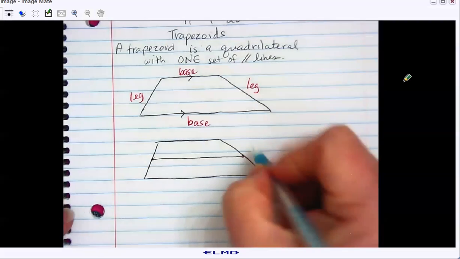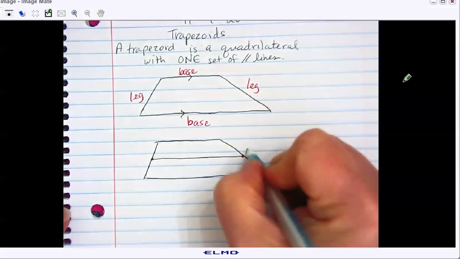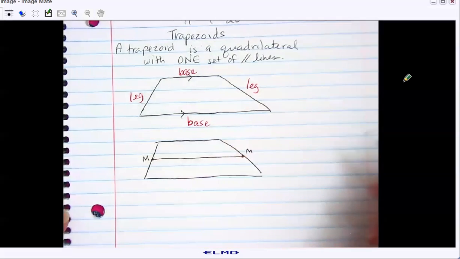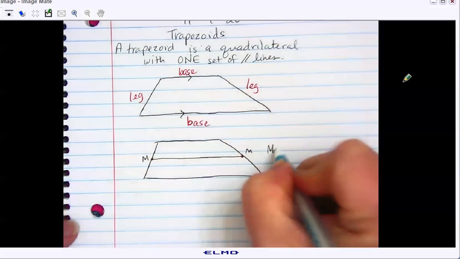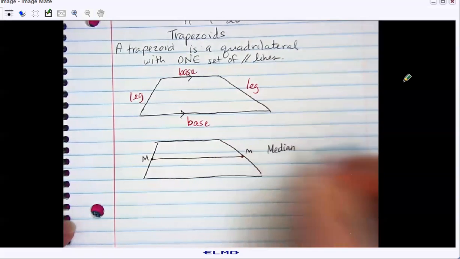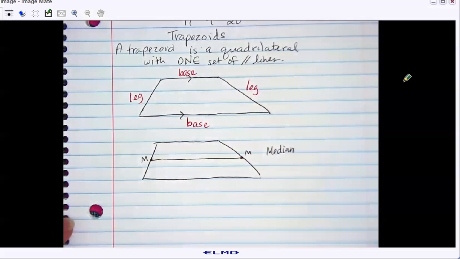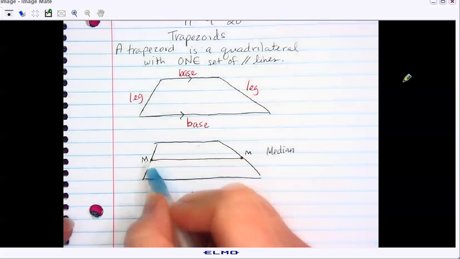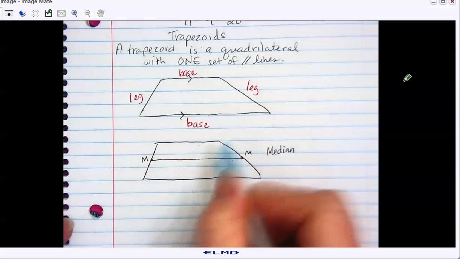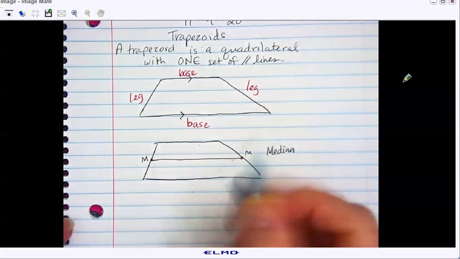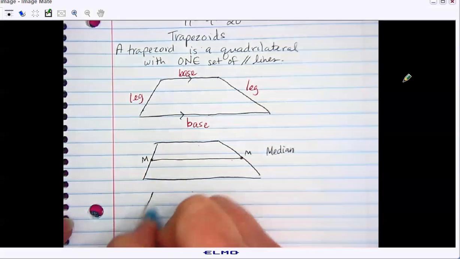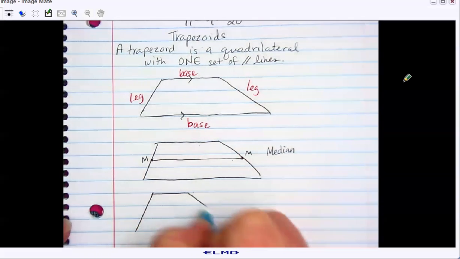This is called a median, because it goes to the midpoints. This is the median. Now, when we're talking about lengths of the bases, the length of the median would be exactly in between, as half. So let me ask you this, and it's okay to guess because you haven't been taught yet.